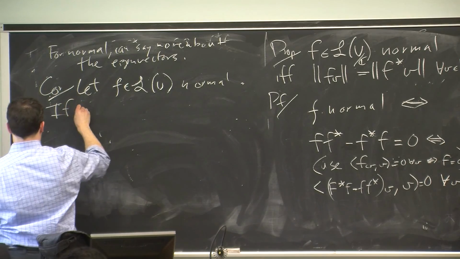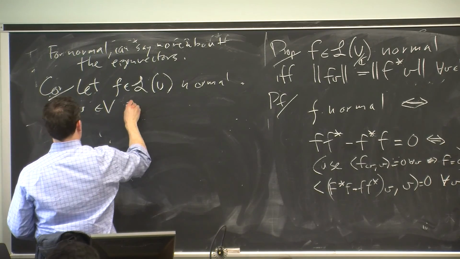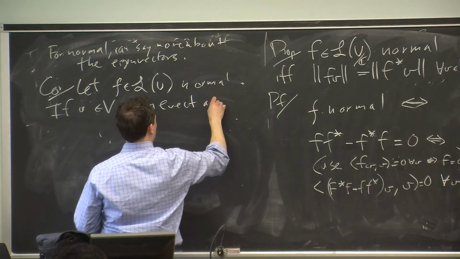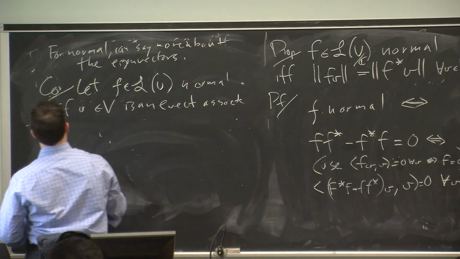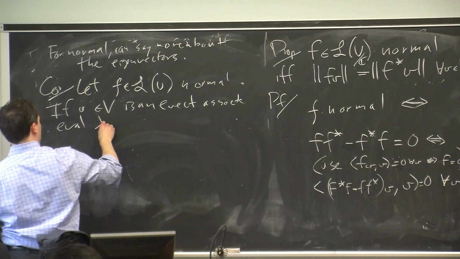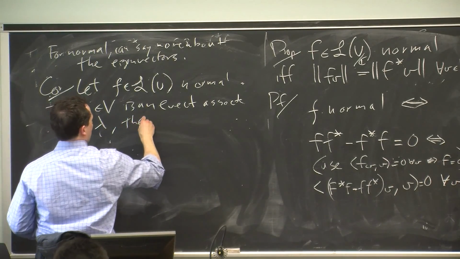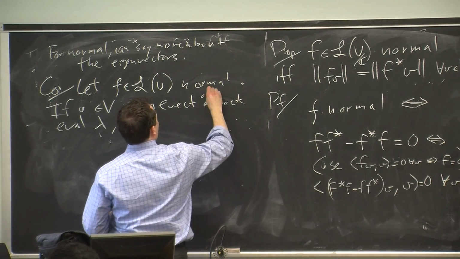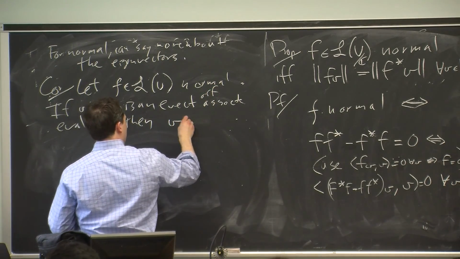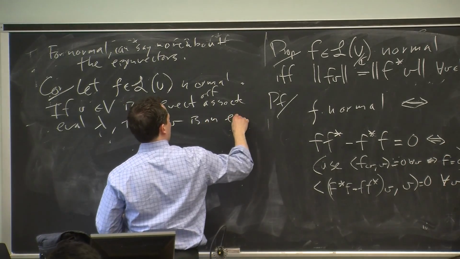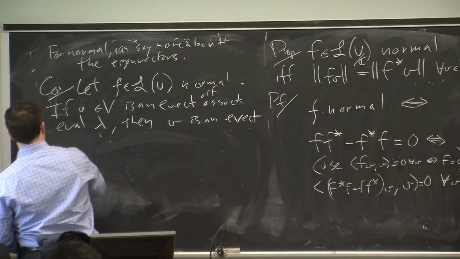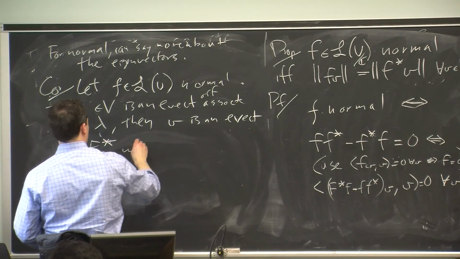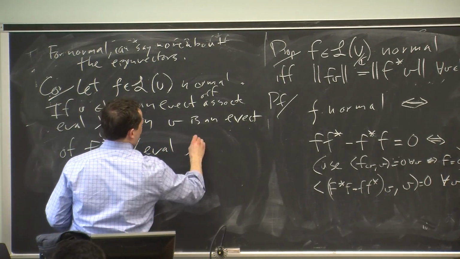If v is an eigenvector of f associated to eigenvalue lambda, then v is an eigenvector of f's adjoint with eigenvalue lambda bar.